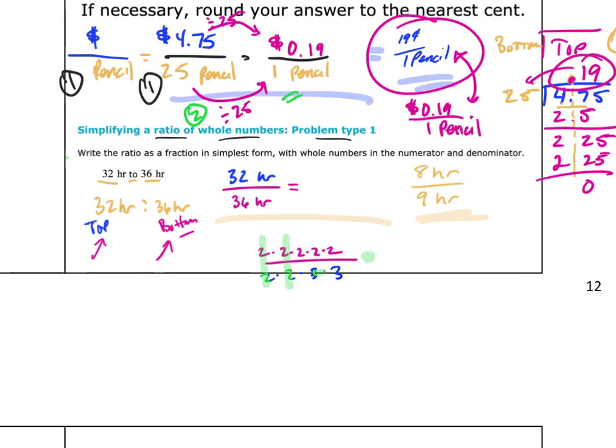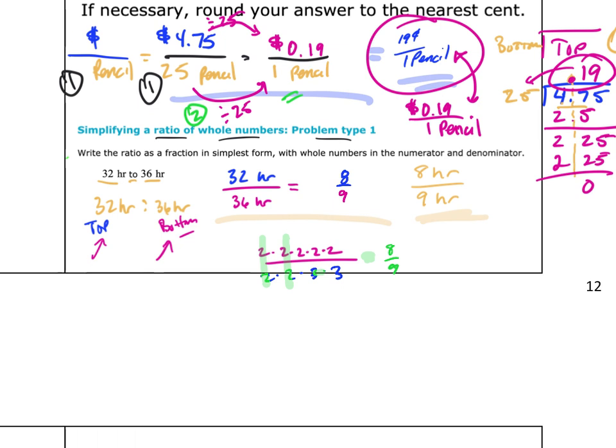So this is going to equal 2 times 2 times 2 is 8, and 3 times 3 is 9. So this is the same as 8 over 9, hours per hour. 8 hours for every 9 hours.